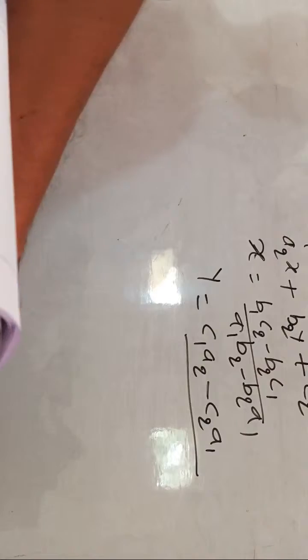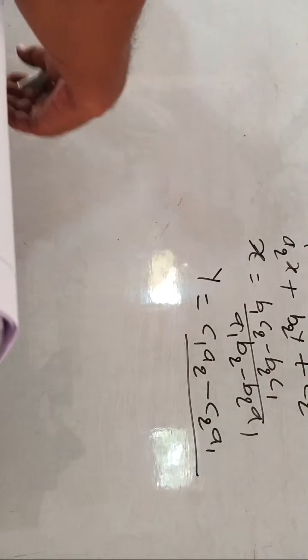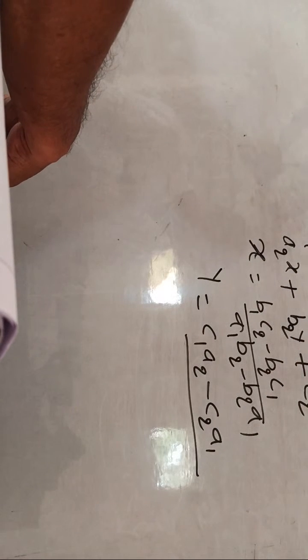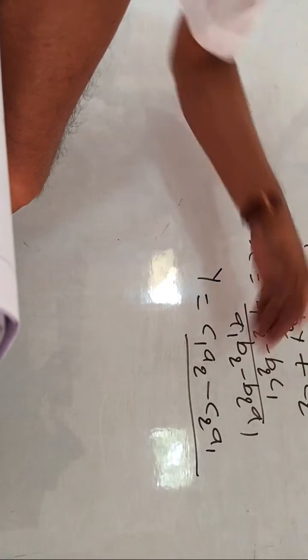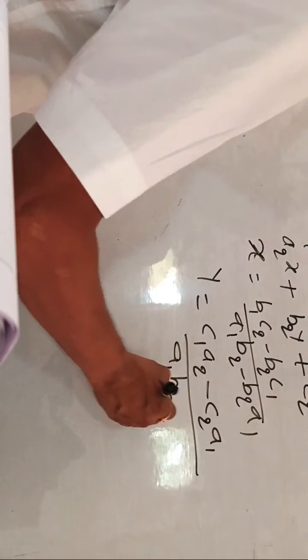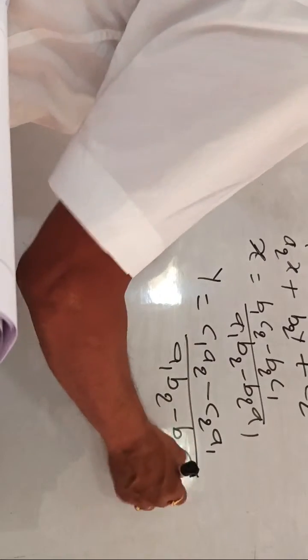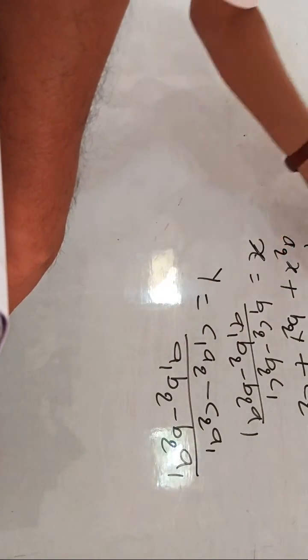And the denominator is the same, by removing the constant term, a1 into b2 minus a2 into b1. I shall explain this method in the next class.